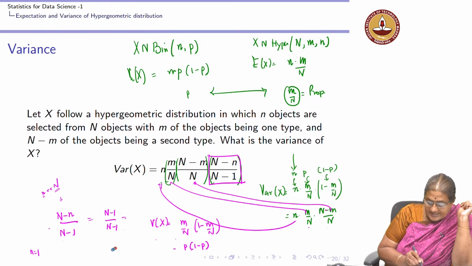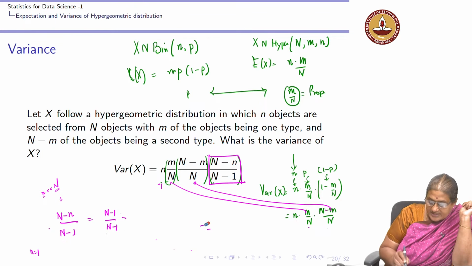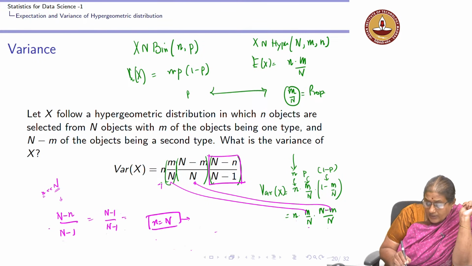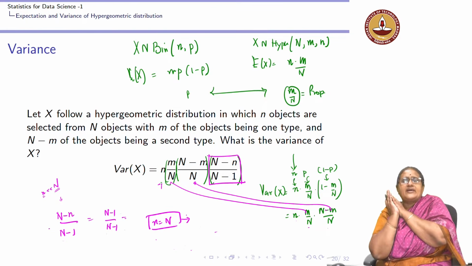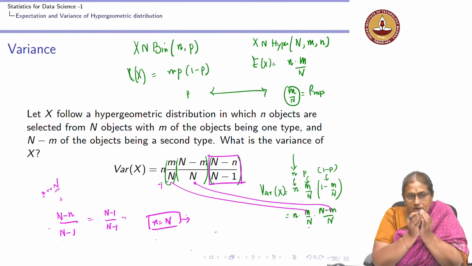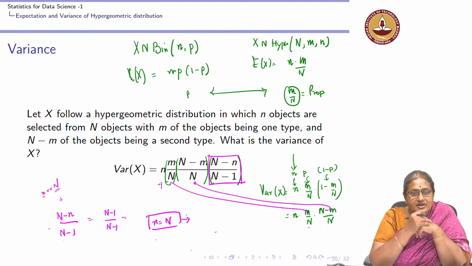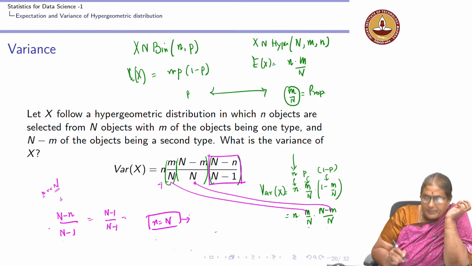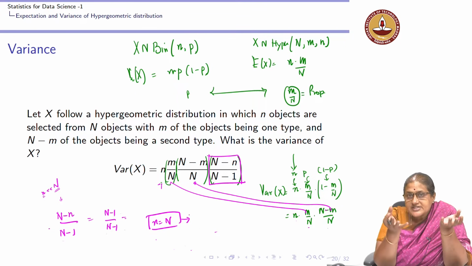Now, the next extreme case which we can discuss here is what would happen if n equal to N. Small n equal to capital N says you are sampling the entire population. When I am sampling the entire population, what would happen? I do not have different samples.